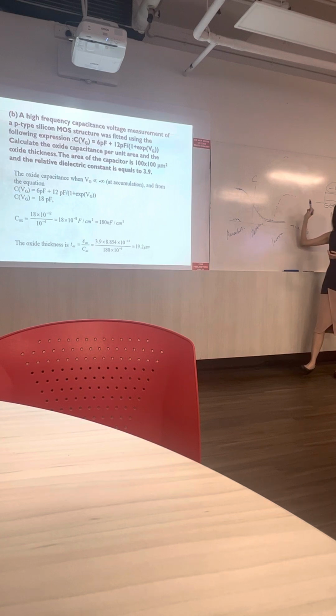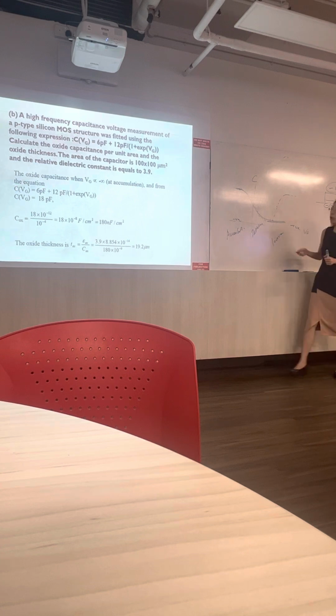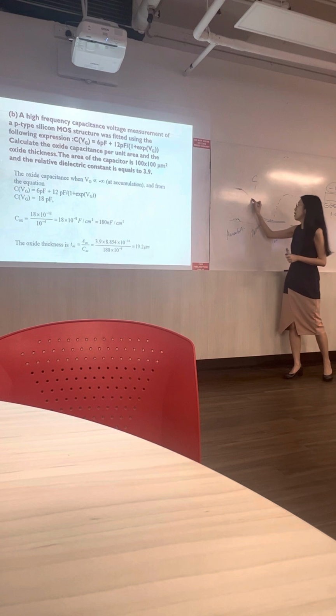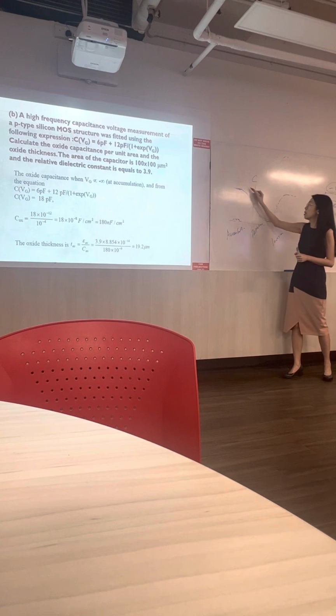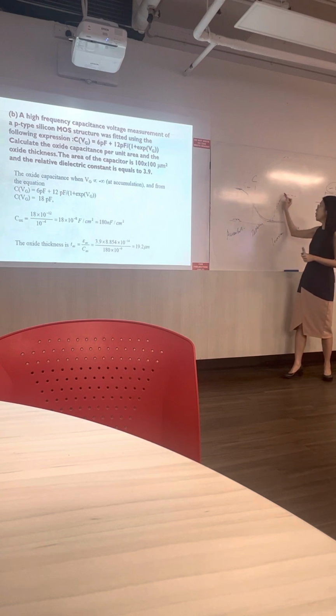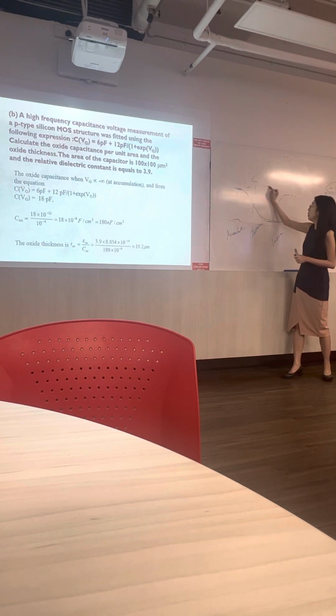So what do you think? So if the question is low frequency, you will get this dash line. So you have this C max at accumulation. You might have another C max here, let's say, at inversion.